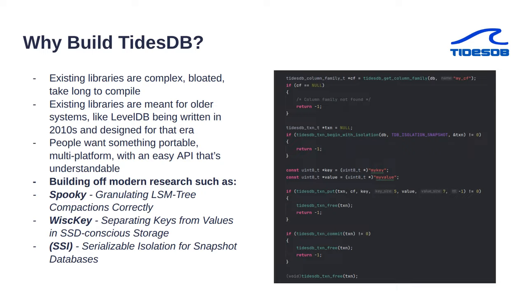That's very understandable. TidesDB is built on modern research, such as the 2022 paper granulating LSM tree compactions correctly, WiscKey separating keys from values in SSD conscious storage, and SSI, which is explained initially in the paper serializable isolation for snapshot databases.